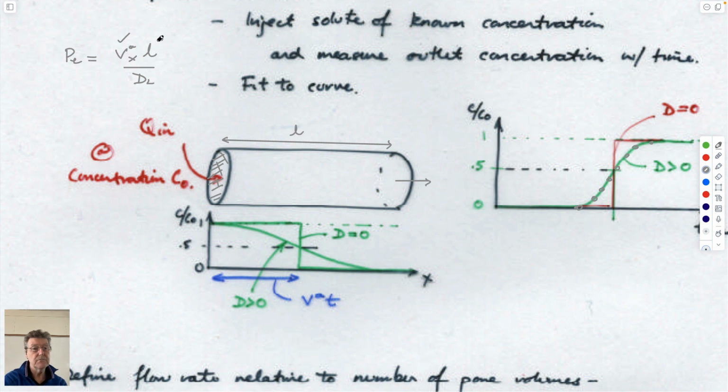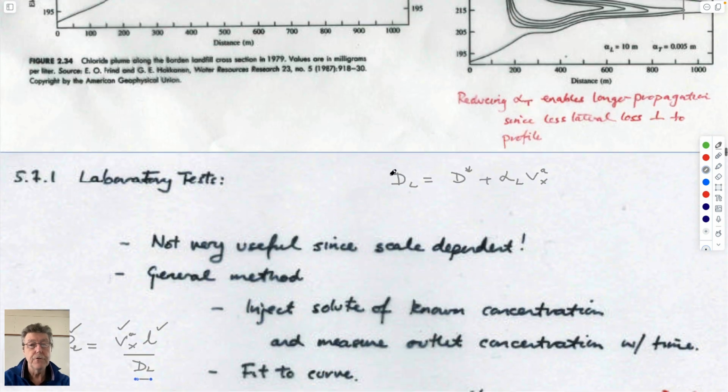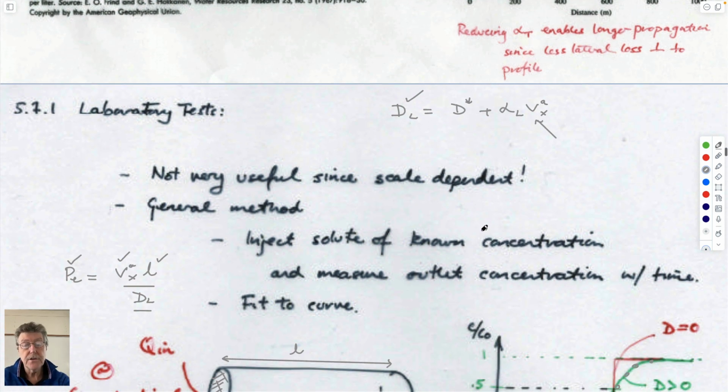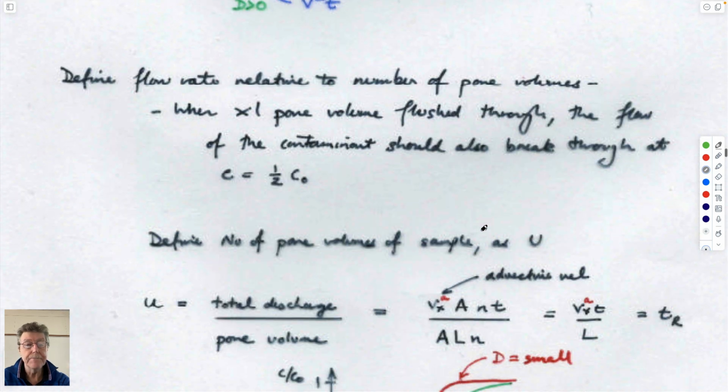You know the best fit curve is for Peclet number 10, so you know everything needed to calculate that. And if you know your advective velocity, you can determine whether diffusion is dominating the behavior or mechanical dispersion is dominating the behavior. And so you can pull that out. And so that seems fine.